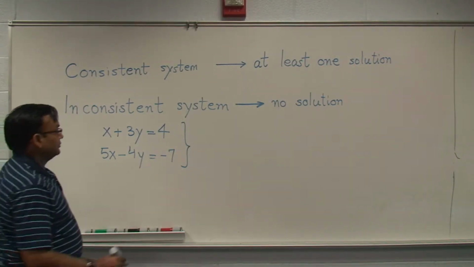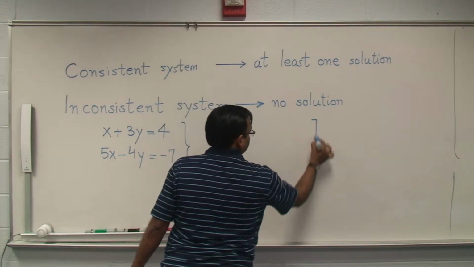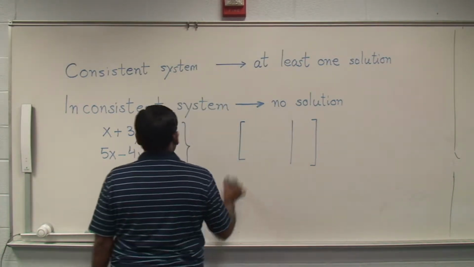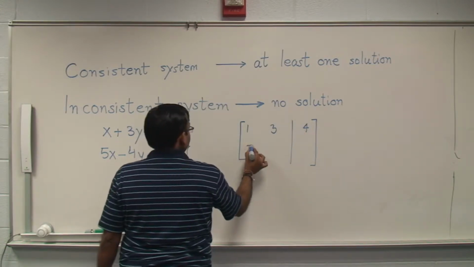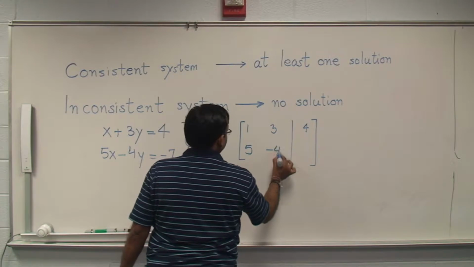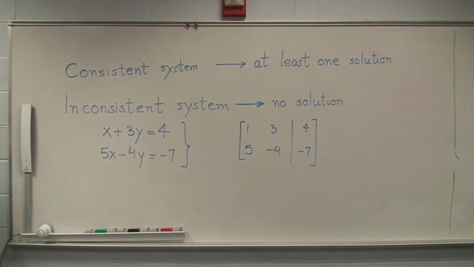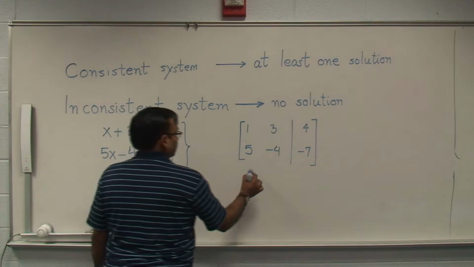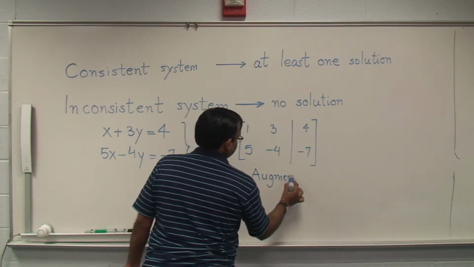We can write down a matrix for it, so-called augmented matrix. So remember, we had a coefficient matrix and we had a right hand side vector. The line separating tells us the left side is the coefficient matrix and the right side is the constant vector.